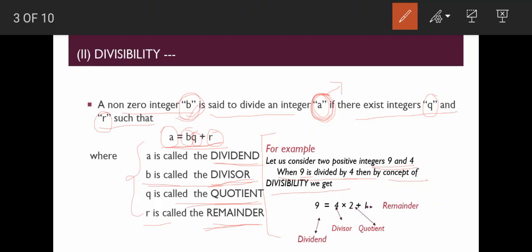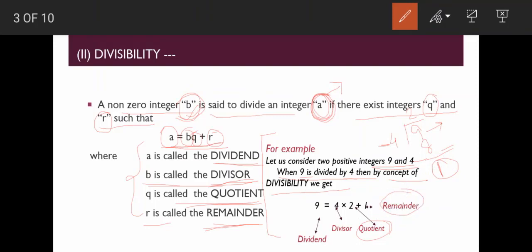That means when you divide the number 9 by 4, in the quotient part you get 2, because 4 twos are 8. And when performing subtraction we get 1. So 9 becomes the dividend, 4 becomes the divisor, 2 becomes the quotient and 1 becomes the remainder.